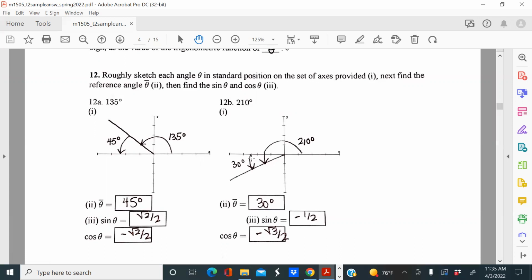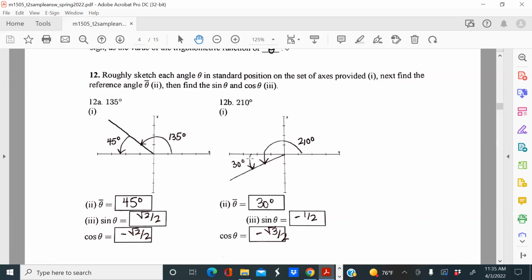How far into the third quadrant? Well, it's going to go 30 degrees into the third quadrant, right? Because 210 is 30 degrees past 180, right? So we have to draw our terminal side 30 degrees into the third quadrant. So what that means, quite easily, right, is our reference angle is going to be 30 degrees.